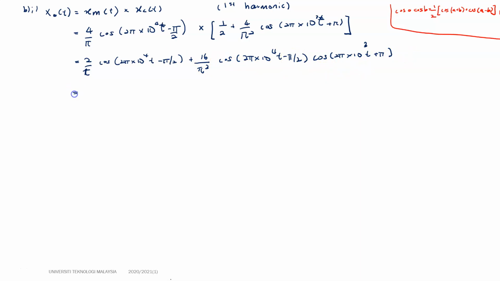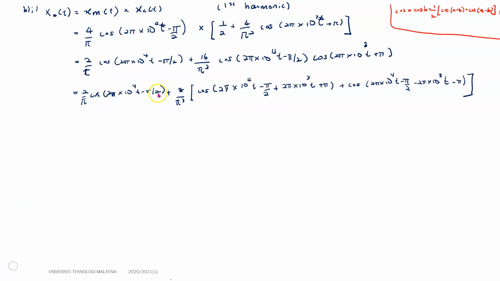So this one will become 2 over pi cosine of 2 pi times 10 to the power of 4 t minus pi over 2, plus 1 over 2 multiplied by 16 over pi cubed, and here it will become cosine. You have to add this one together, and then you have to subtract this one together. Let me speed up this solution.